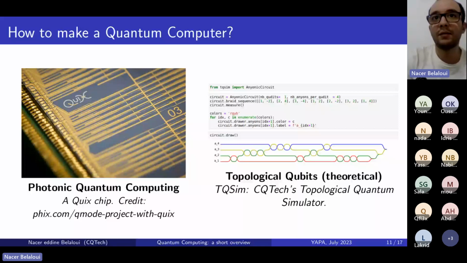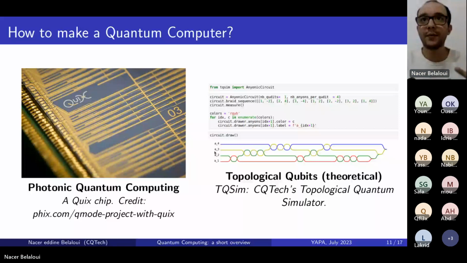These are four quasi-particles called anyons. The way we do computations on them is that, first of all, we do not store information or qubits on single anyons, but on a collection of anyons. And then, to change this information in a meaningful way, that is, to do some quantum computation, we just exchange these in some way.